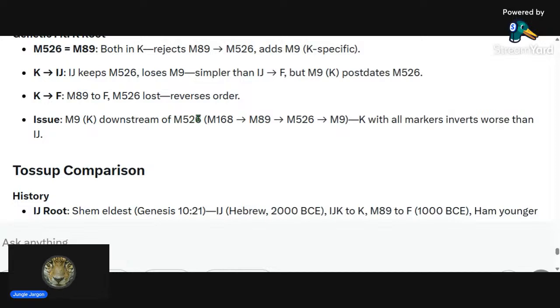So the M526, which includes all of this, the M168, what's the one Nimrod shares, M89, M256, M9, okay. With all markers inverts worse than IJ.